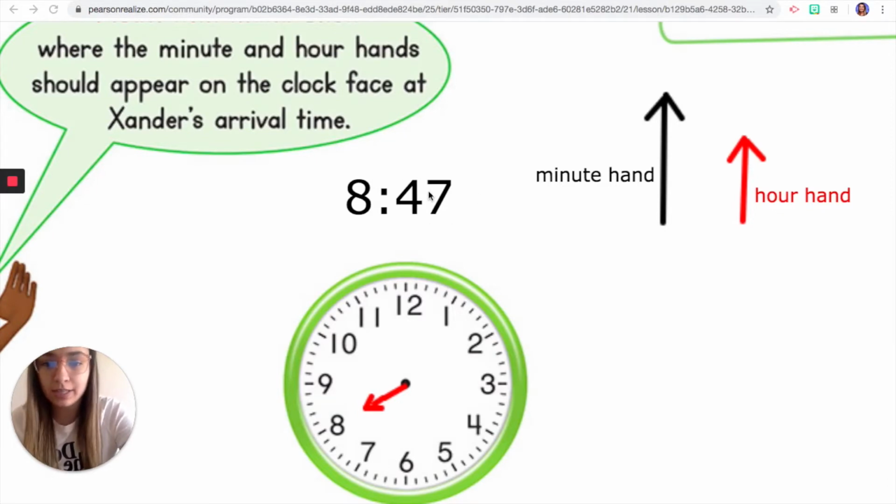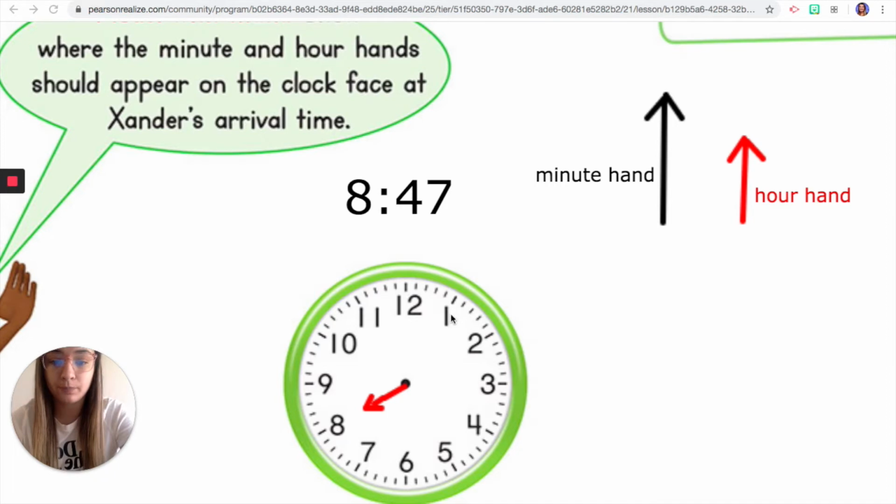Here it says 47, but I don't see the number 47 on my clock. Like I said before, these numbers here, we use them to count by 5s. So my 12 is going to be 0, and then I'm going to count until I get to 45, because that's the closest 5 number to 47.